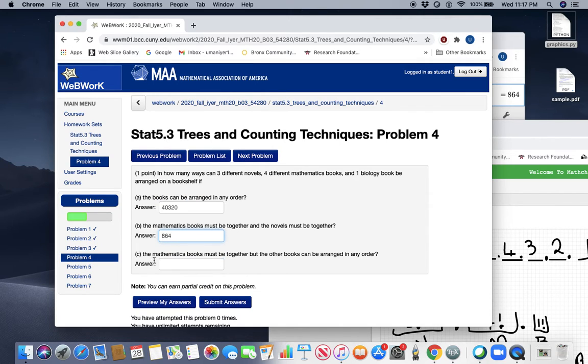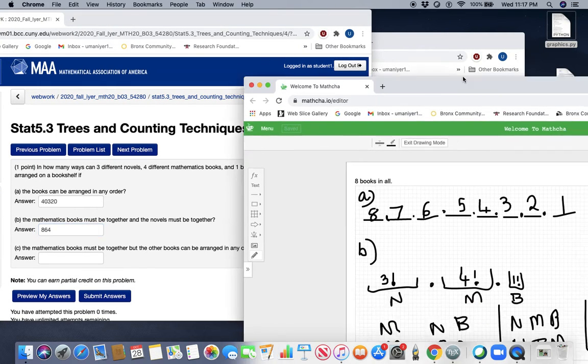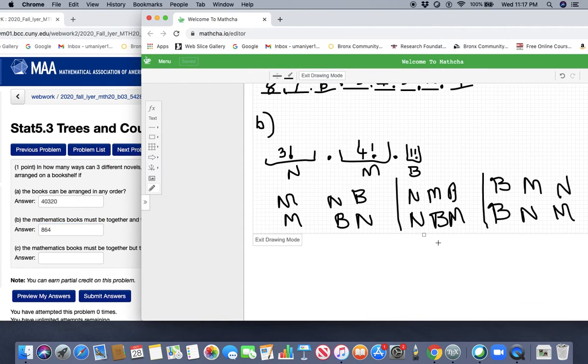All right. The mathematics books must be together, but the other books can be arranged in any order. So what does that mean? Now you have mathematics as one block.